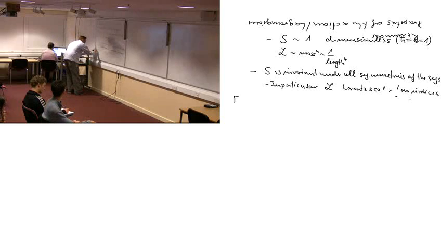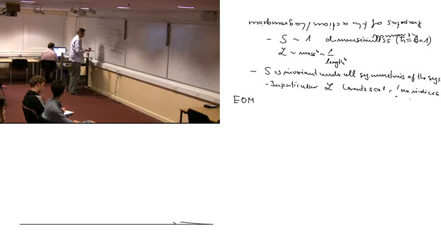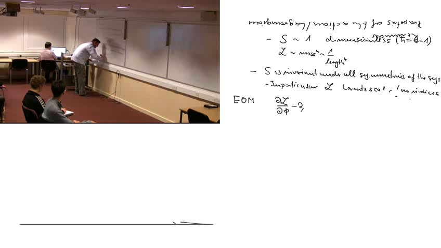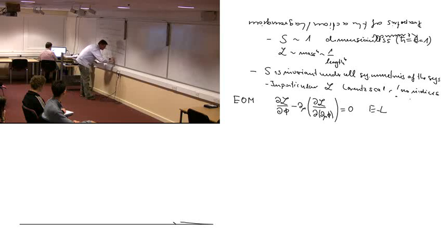And then, of course, we obtain the equations of motion by taking the Hamiltonian principle. And we can do this in a rather general fashion by following the steps we did yesterday. And then we get the Euler-Lagrange equations.